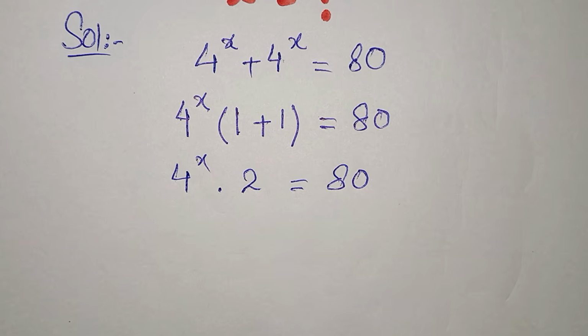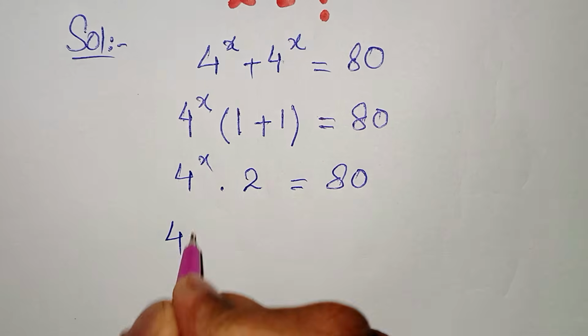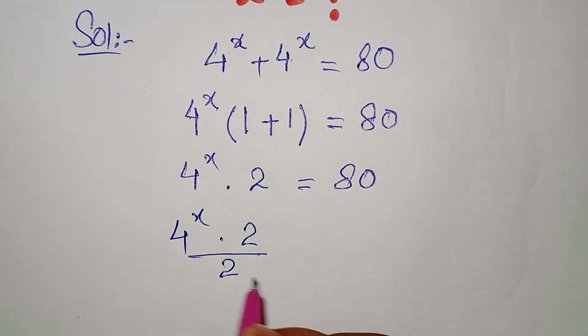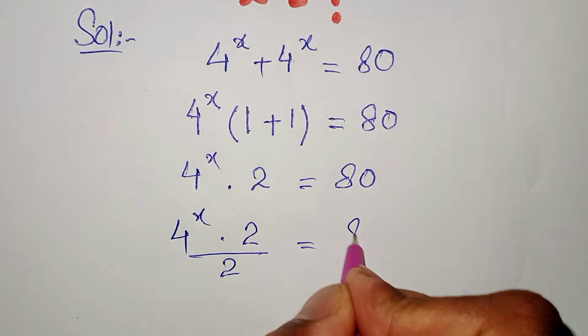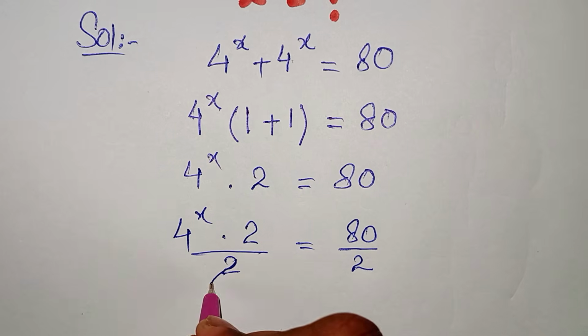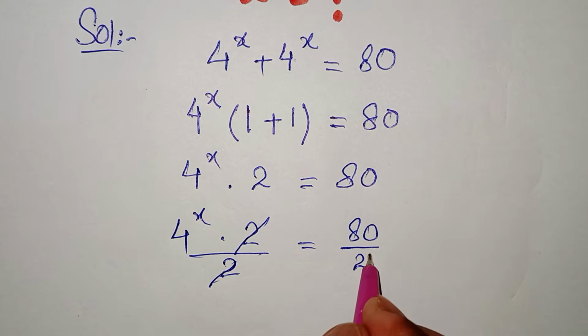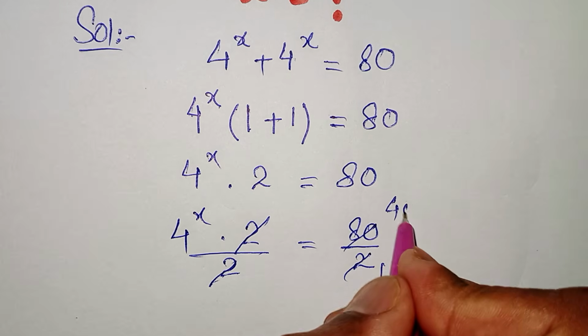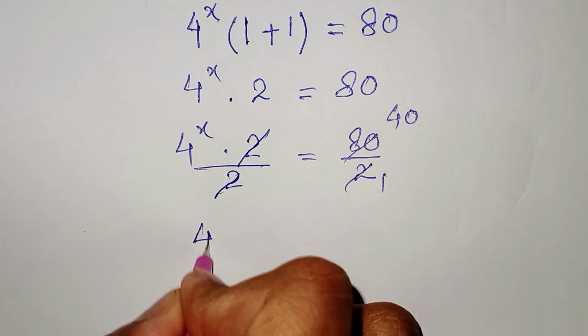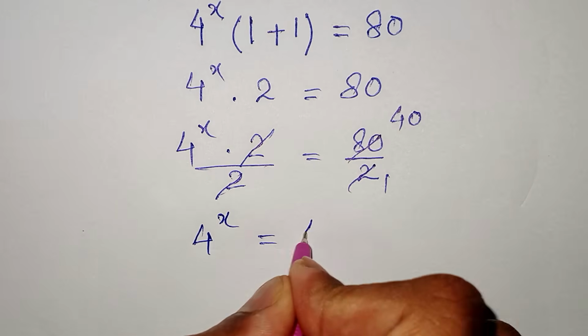Now divide both sides of the equation by 2. 4 power x times 2 over 2 is equal to 80 over 2. 2 cancels with 2, and 80 divided by 2 is 40. So 4 power x equals 40.